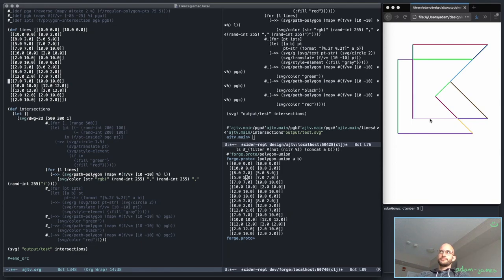I have to now figure out a way to disambiguate such things.